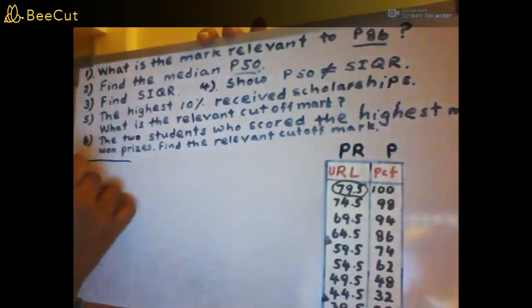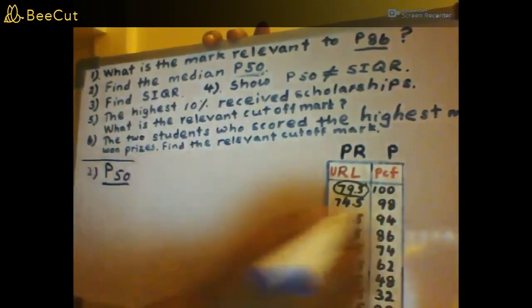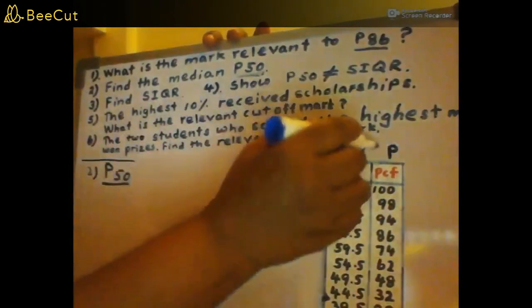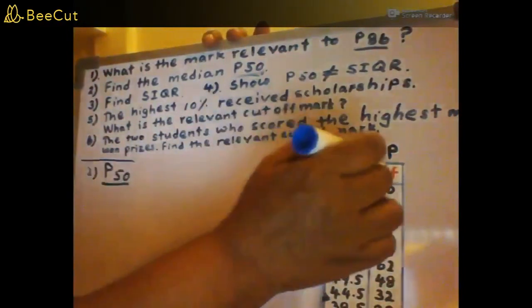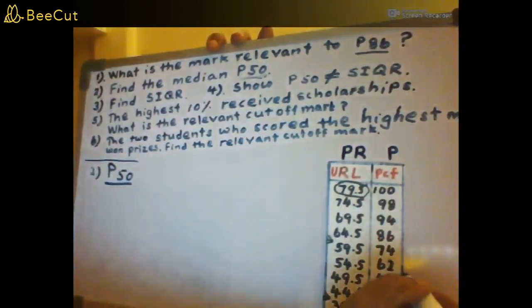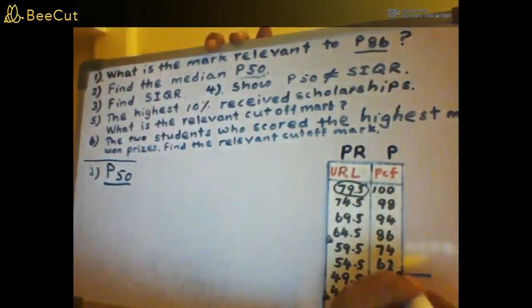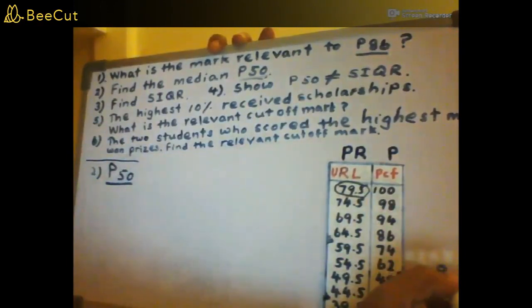So write it here, P50. Now where do you have to go? You have to go to the P column. It is P value that is given. P50. Where's P50? Here. Right? Then write P50.